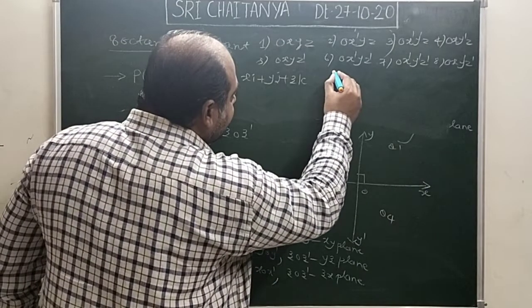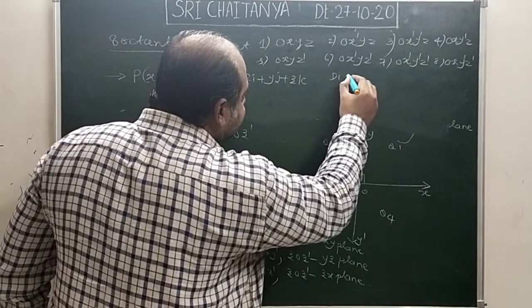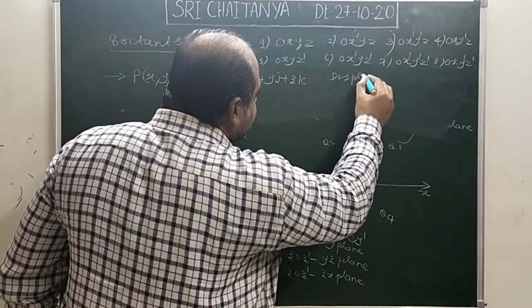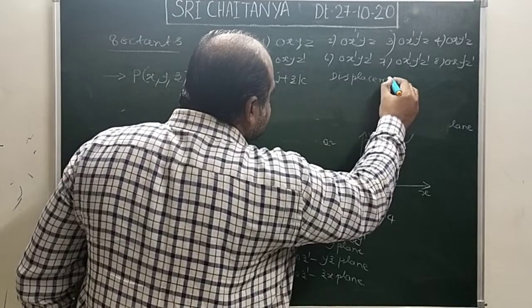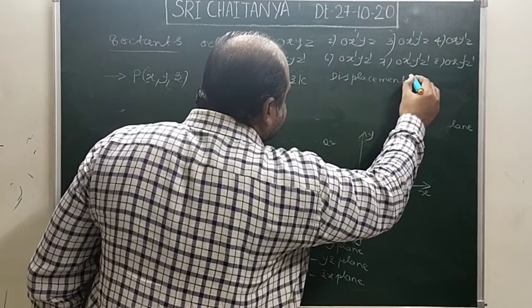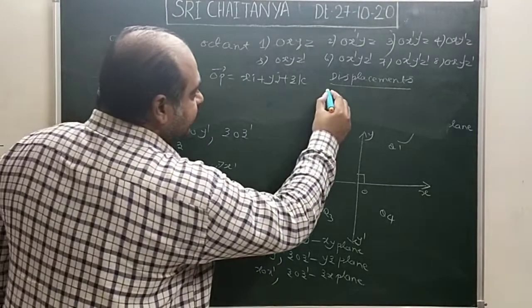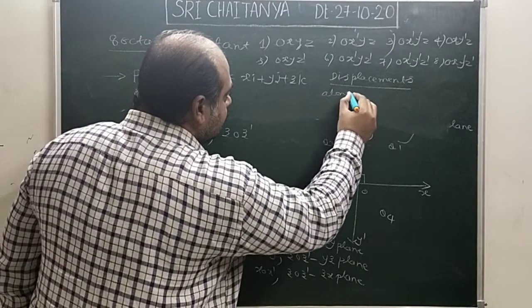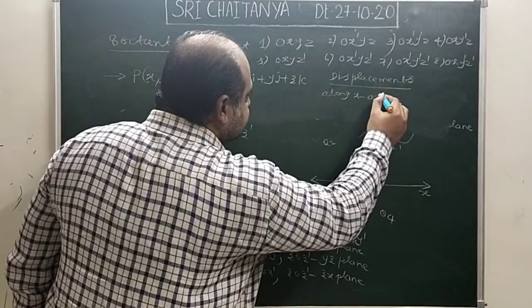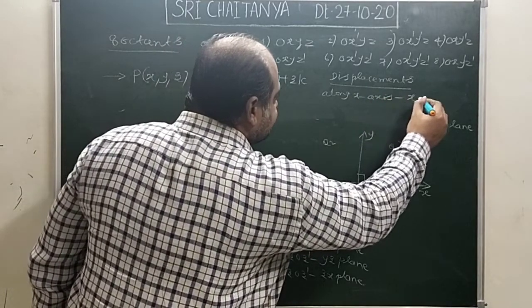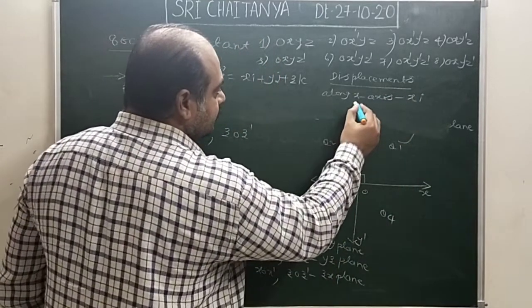There will be 3 displacements for this particle. That means along x-axis, displacement is xi.